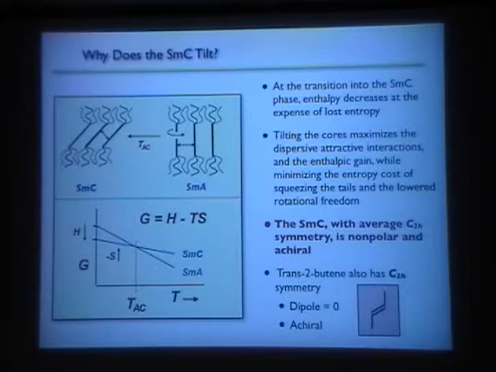So it's all speculation, but this part looks pretty solid just because of this X-ray tilt versus optical tilt. The aromatics dominate. There are special cases where this isn't true, but usually the optical tilt is larger than the X-ray tilt. And we interpret that to mean that the tails are less tilted than the cores.